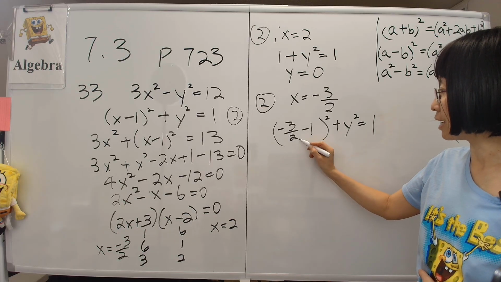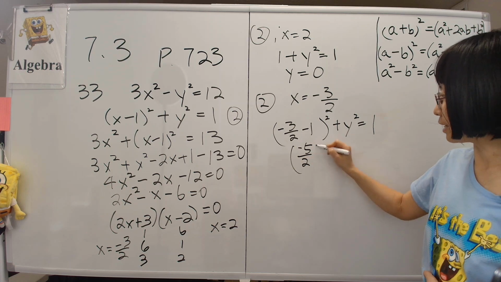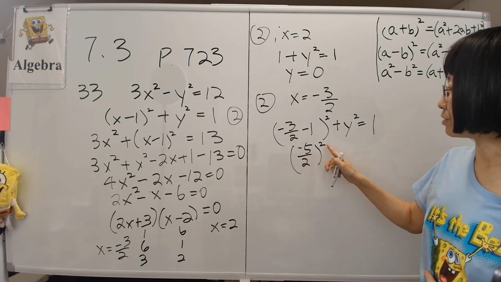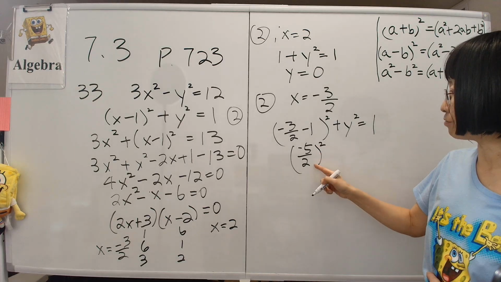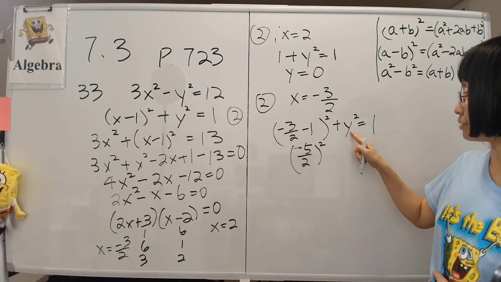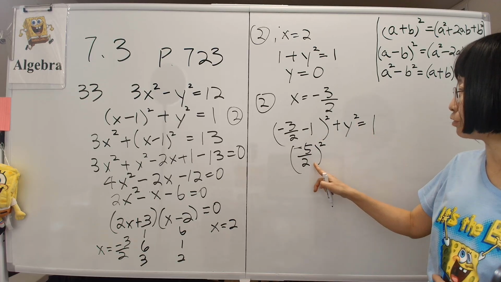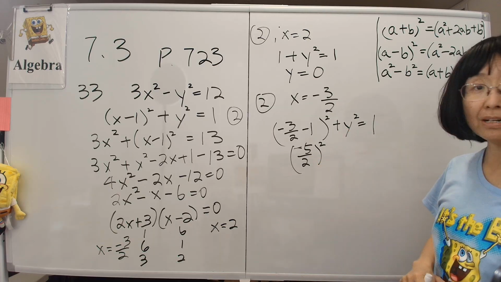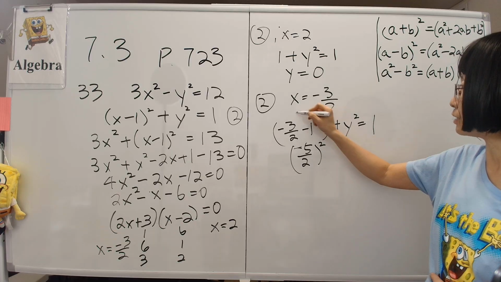When you square it, it becomes 25 over 4, which is much bigger than 1 and positive. So when you add a positive number, there's no way it can become 1, because it's too big. So this solution is rejected.